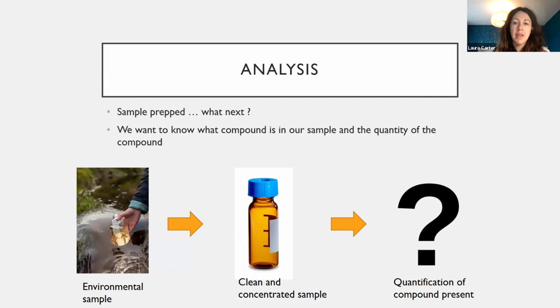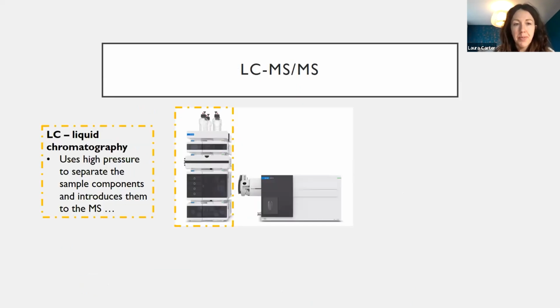So you have your sample in an LC vial, and this has either been filtered in the field, ready for direct injection, or it's been concentrated and cleaned up by solid phase extraction. And so the next part is the analysis.